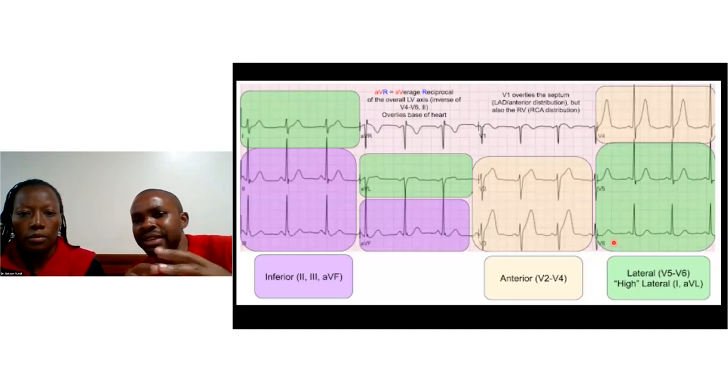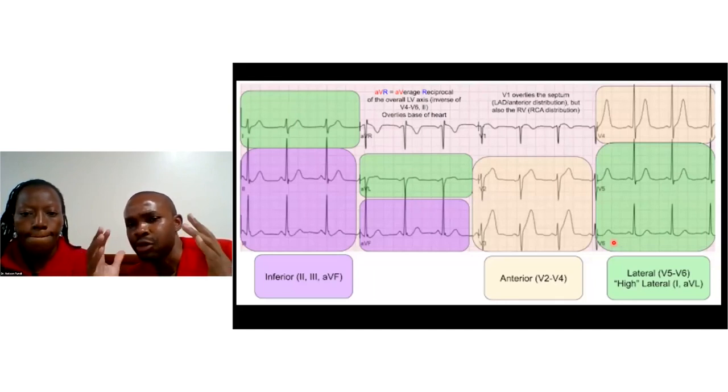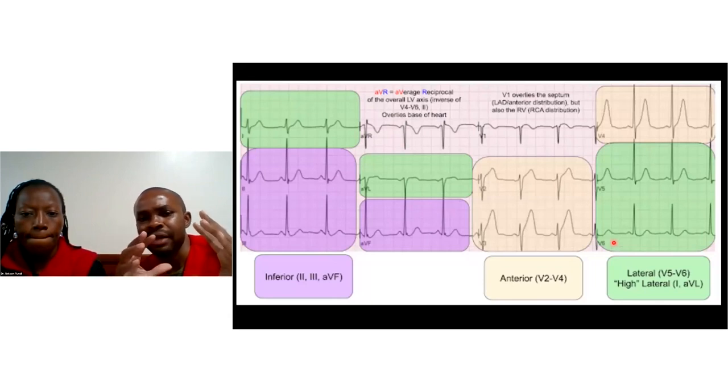So we are saying you've seen changes. The next question is, are the changes being observed in one particular part of the heart, which can reinforce your diagnosis? So in summary, Grace, what's your take?